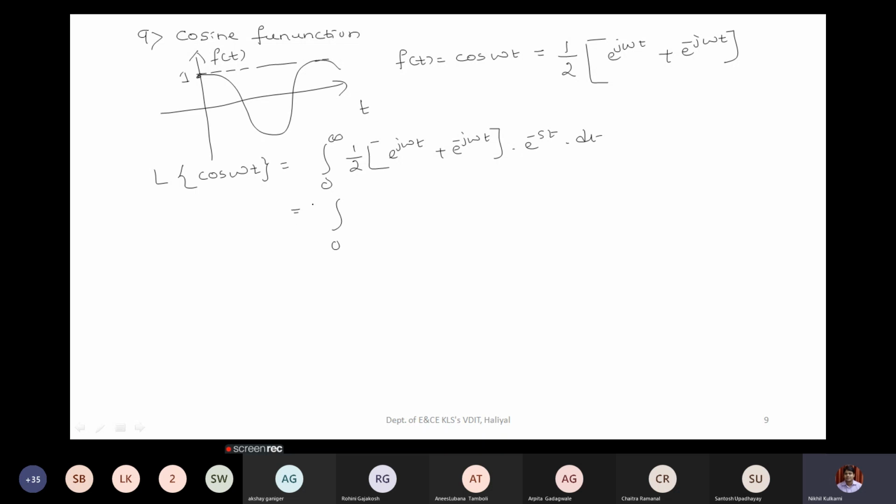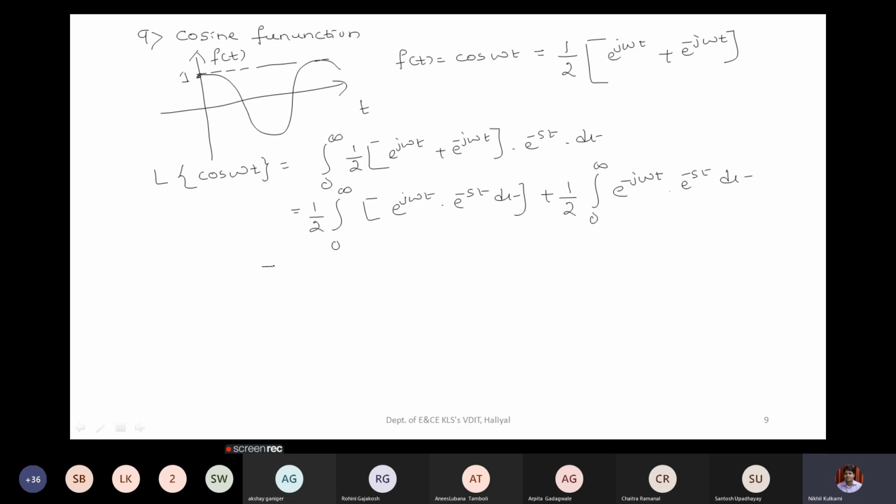You can take the 1 by 2 outside and combine the exponentials, so we can write the integration of e to the power j omega t into e to the power minus st dt, plus the integration from 0 to infinity of e to the power minus j omega t into e to the power minus st dt.